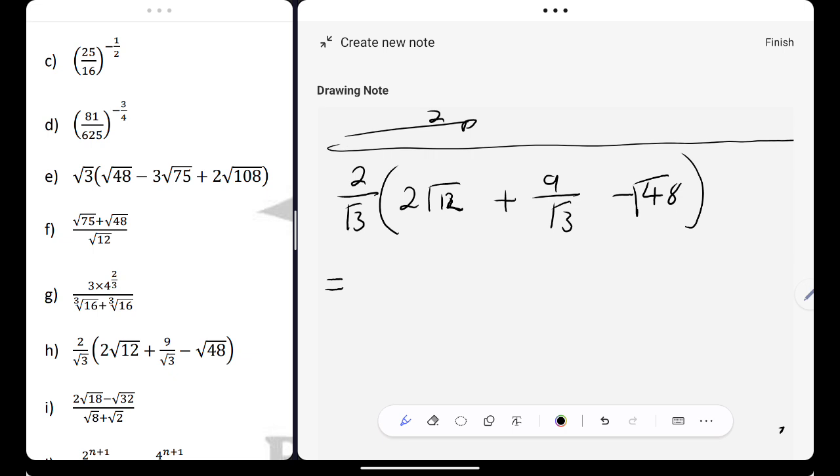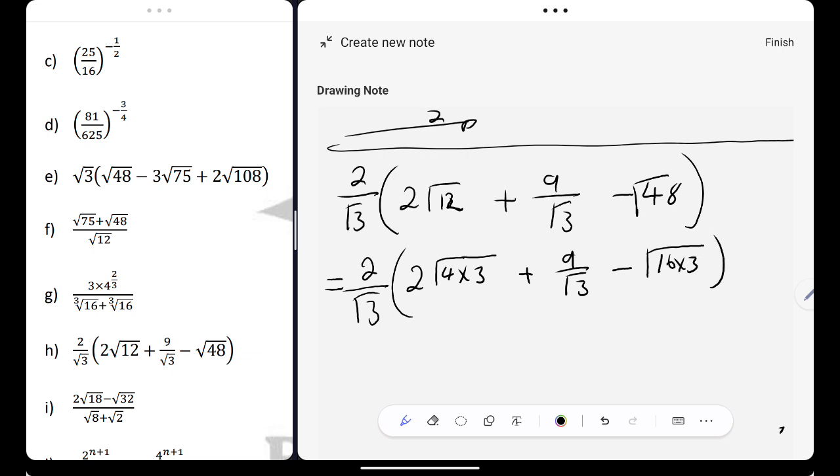Same thing applies, guys. If the number inside the square root is not a prime factor or a perfect square, you must break down that number. So here I'll have 2 over root 3 multiplied by, 12 I can write as 4 multiplied by root 3, plus 9 over root 3, minus what's 48, which is 16 multiplied by root 3.